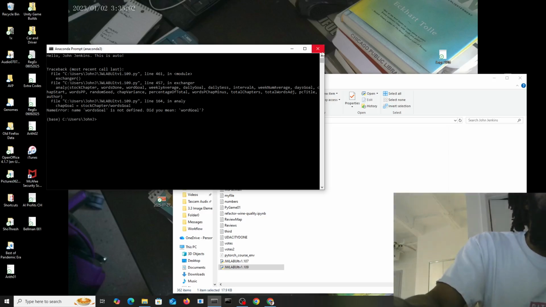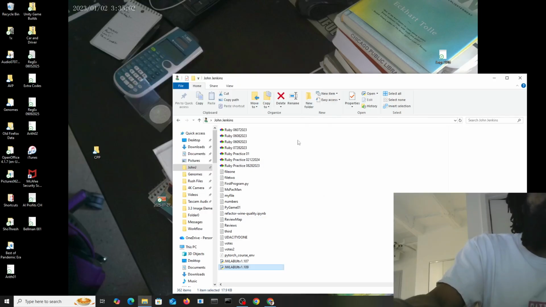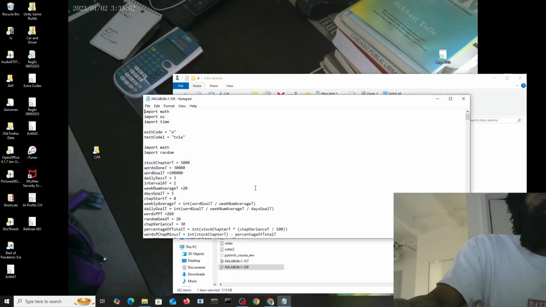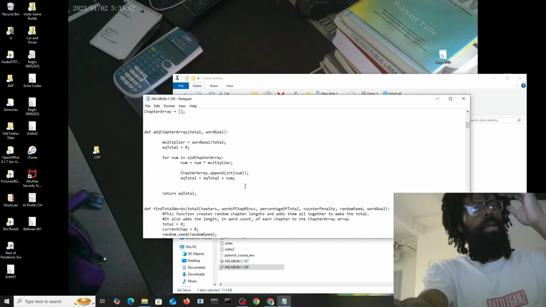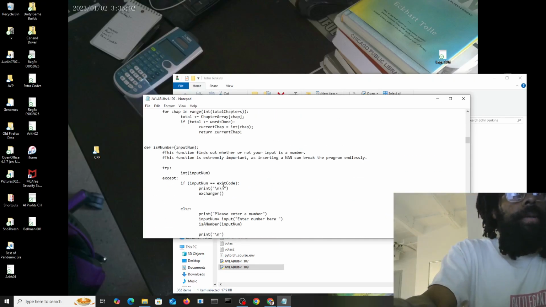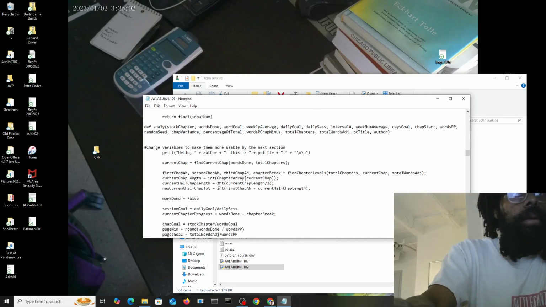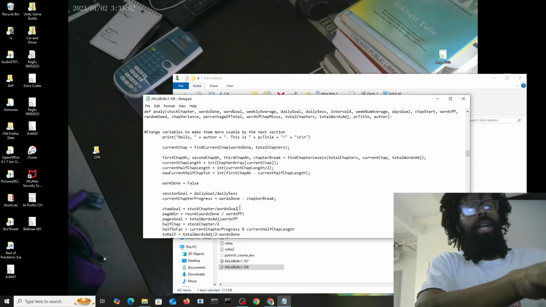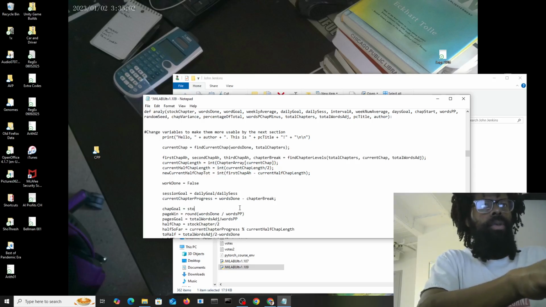Word score is not defined. Do you mean, okay, so I misspelled the variable. Actually, that was incorrect, wasn't it? What I was supposed to do, I totally got that wrong.